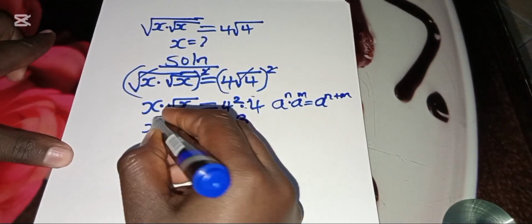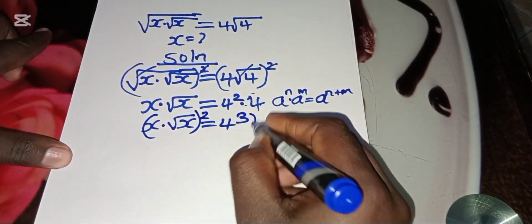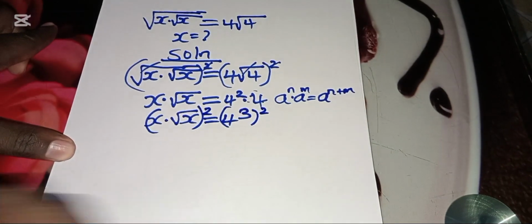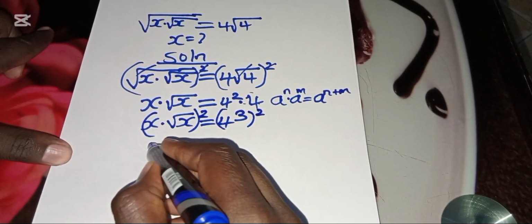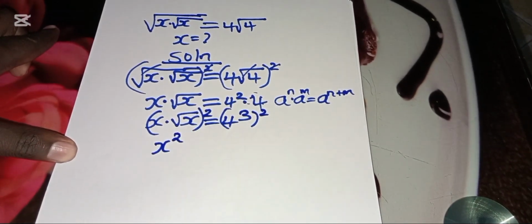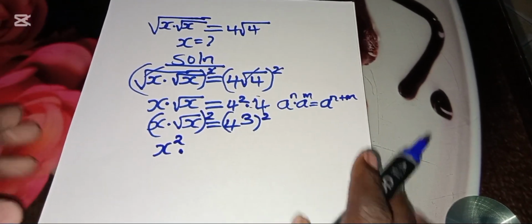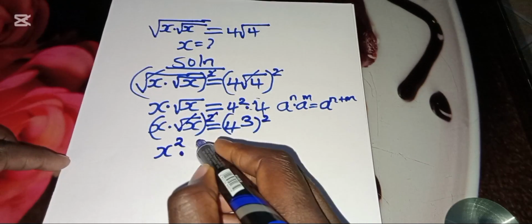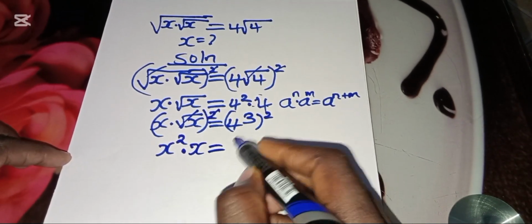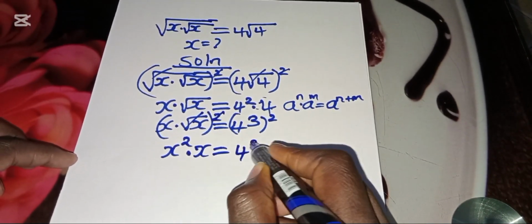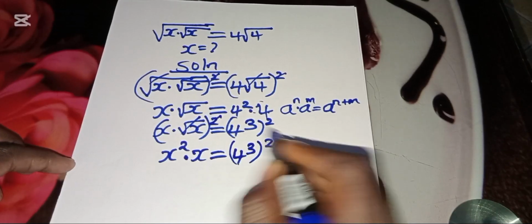We square both sides again, so that now we'll have x squared multiplied by, we eliminate the second square root sign, so multiplied by x. This is equal to 4 raised to power 3 raised to power 2.